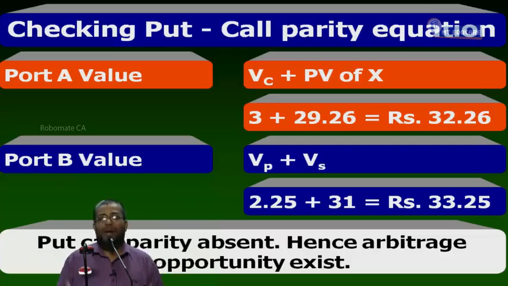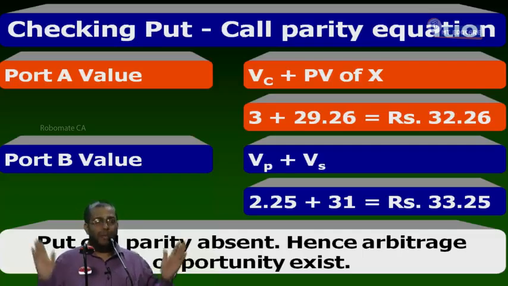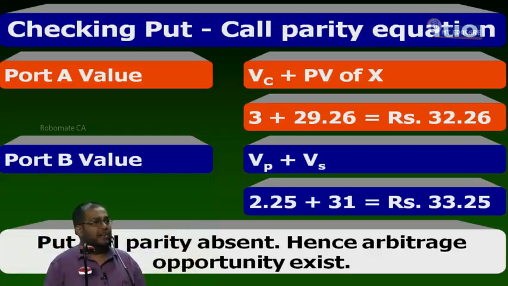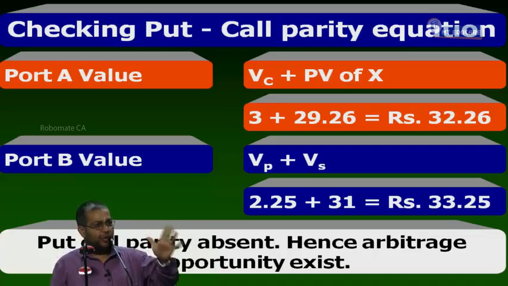Now, A is undervalued, B is what? Overvalued. Something is undervalued, what will you do? So I am going to buy portfolio A, I am going to sell portfolio B is my strategy. Right or not? Yes, sir. What is my strategy? Buy portfolio A and sell portfolio B.